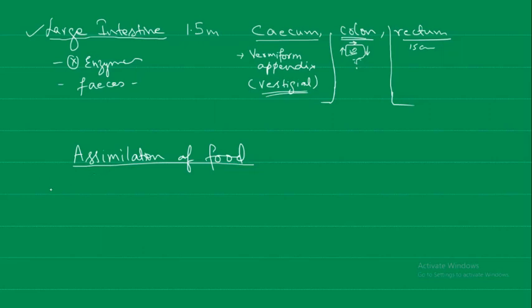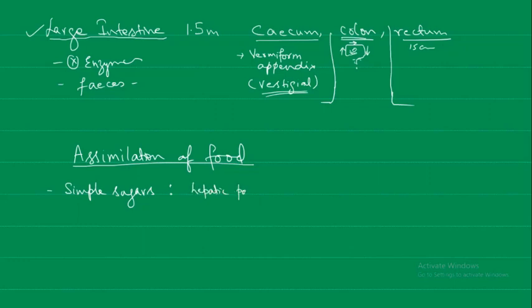In the case of simple sugars, for example glucose, it will be absorbed in the small intestine and enter the hepatic portal vein.